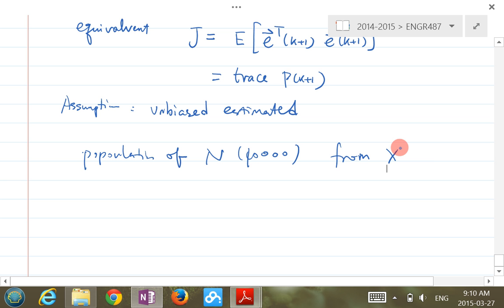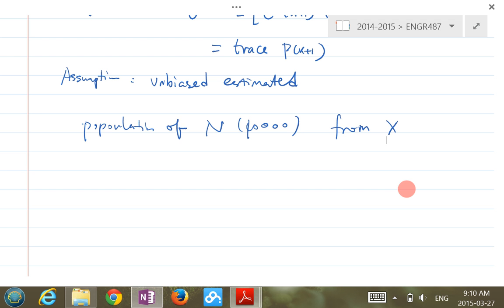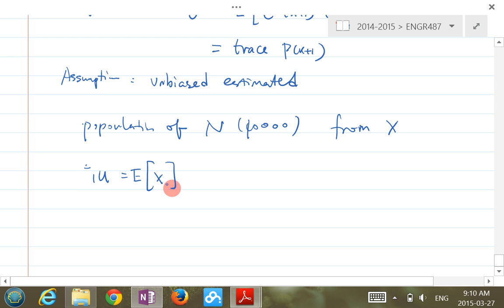If you want to give me the exact value, mu equals what? The expected value of x. That's the exact value.